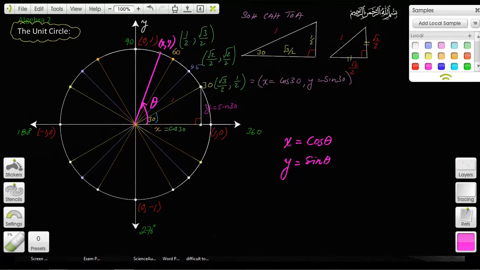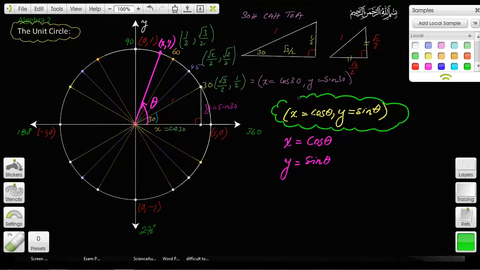So this ordered pair right there, that is the unit circle. So for every ordered pair, the x value would be the cosine of that angle, and the y value will be the sine of that particular angle, sine of theta, theta being, of course, as you know, the Greek letter we've talked about. And that is the unit circle.